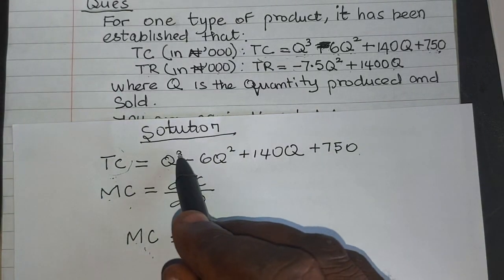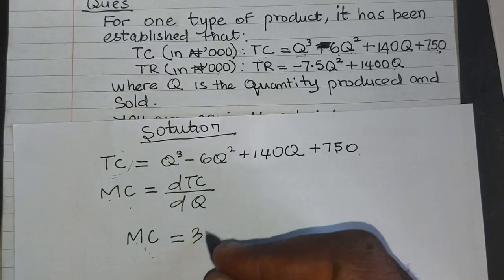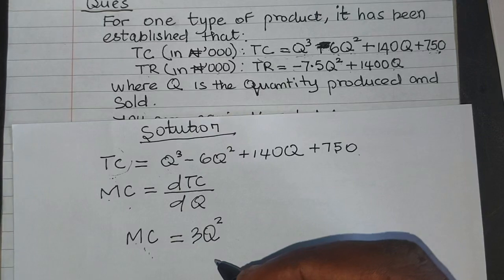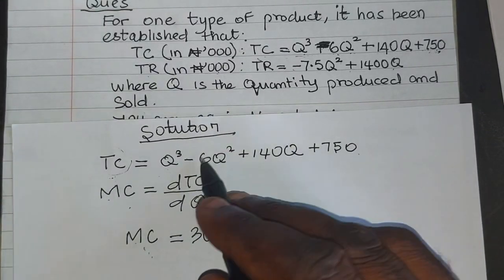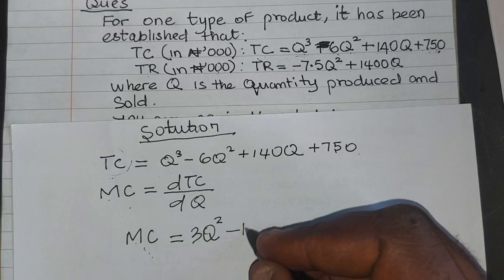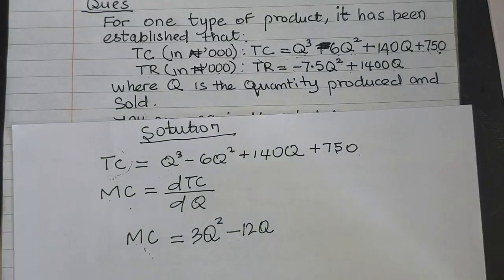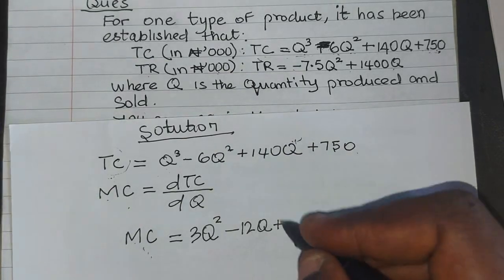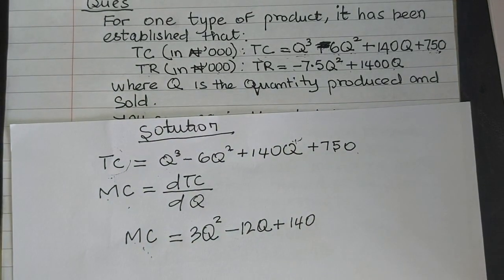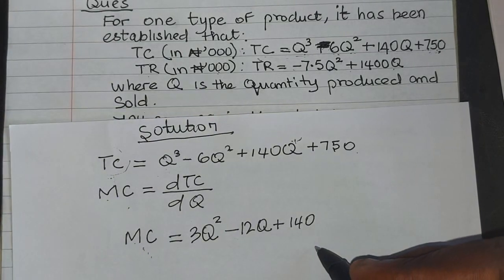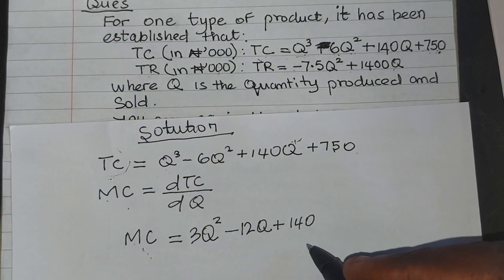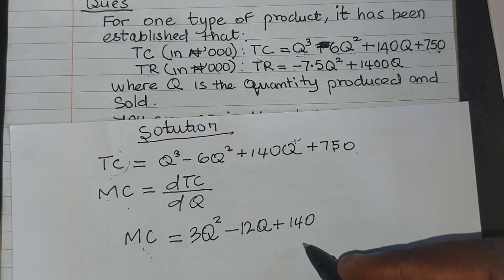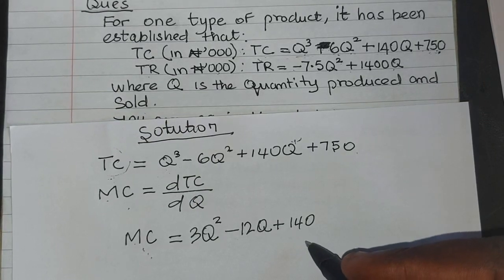So we have 3q raised to power 2, minus 2 multiplied by 6, that is 12q, plus 1 times 140, since q raised to power 1 minus 1 is q raised to power 0. So that is the marginal cost function.